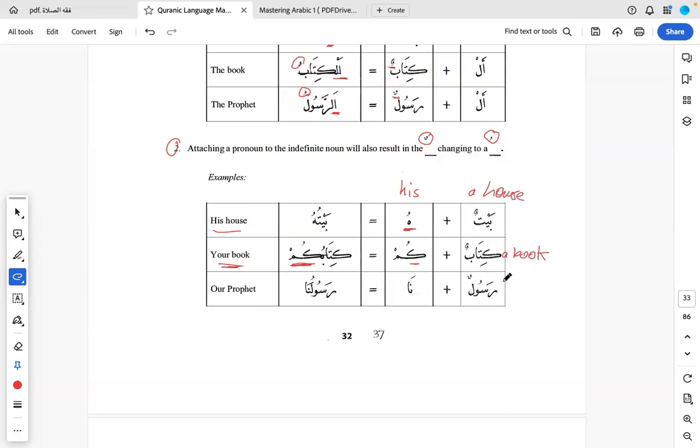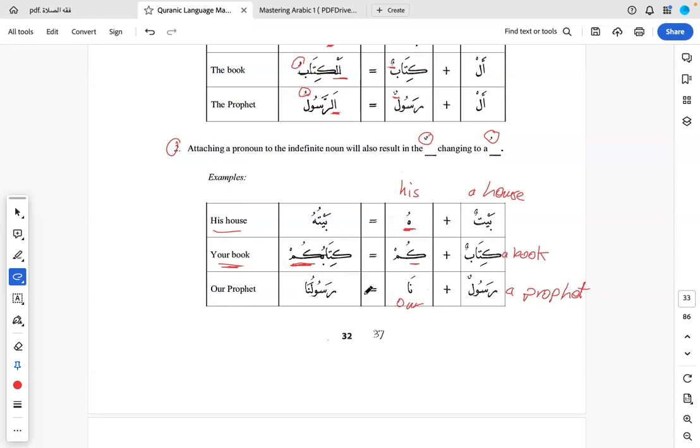Rasulun, a prophet. Adding the na at the end, which means our. Now, Rasuluna, our prophet, and the tanween has vanished here.